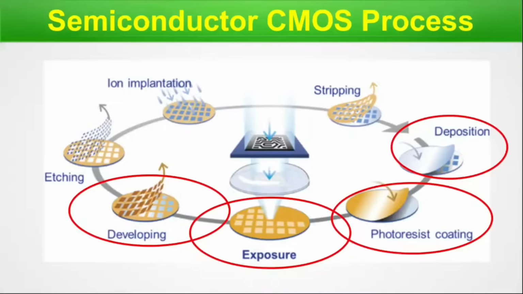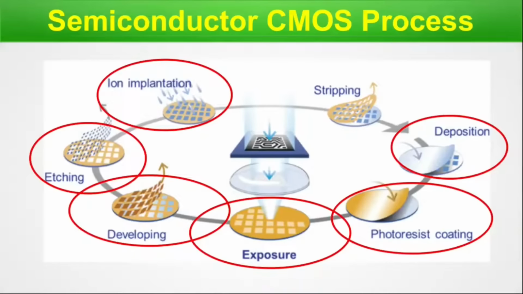Then we develop it and then we etch it, and then we do the needful ion implantation. Finally, we strip out the remaining photoresist, and this kind of process keeps on repeating for different zones and different dopants in the entire semiconductor wafer. And this particular mask is designed in physical design, which is taped out as GDS2. We are done with this particular slide, so let's move on.